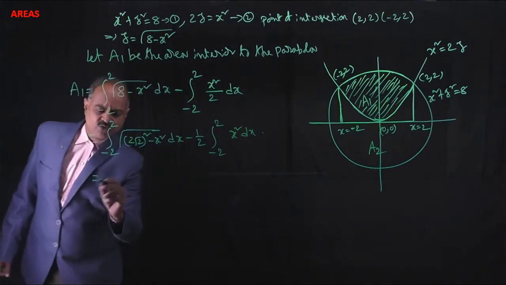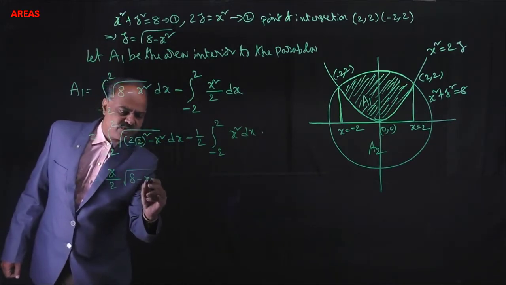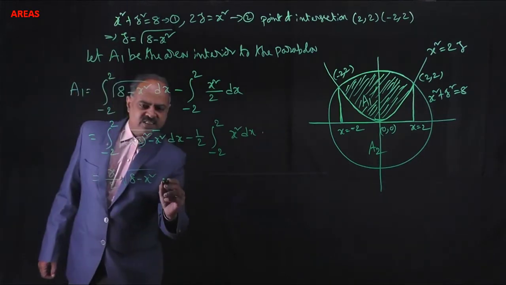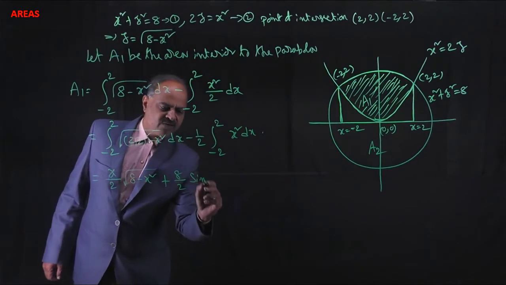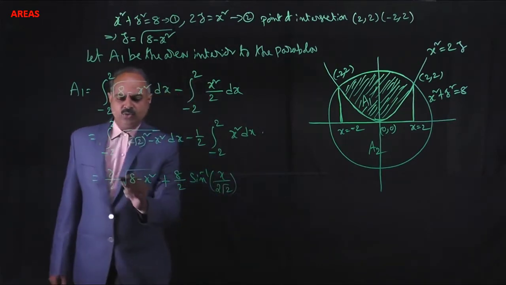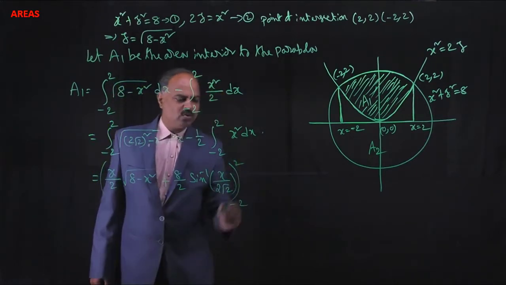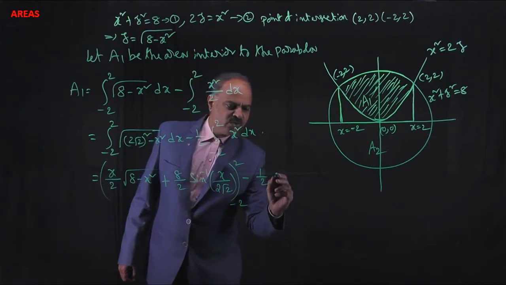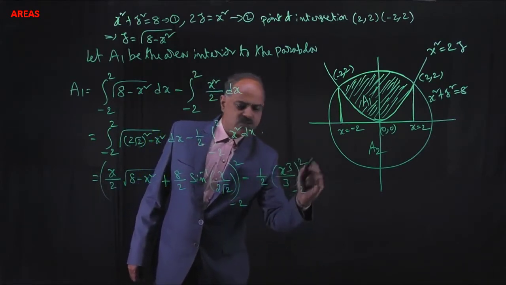So this is equal to x by 2 into square root of 8 minus x square plus 8 by 2 into sine inverse x by 2 root 2, limits minus 2 to 2, minus 1 by 2 into integral x square dx equal to x cube by 3, limits minus 2 to 2.